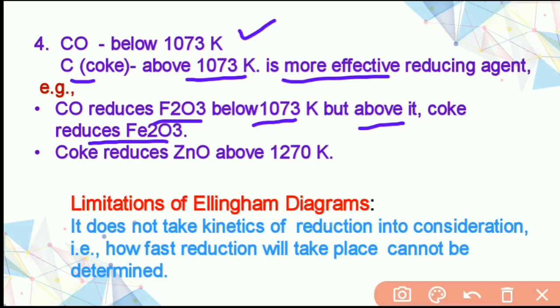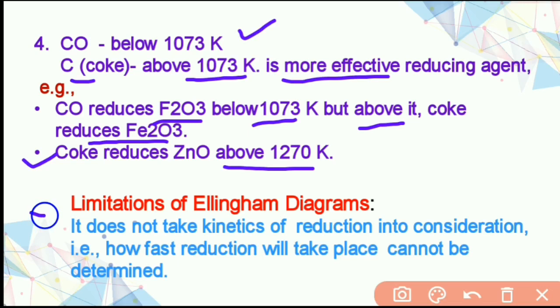So for obtaining wrought iron at high temperature, it is reduced by carbon as a reducing agent, and we obtain pure iron. And coke reduces zinc oxide above 1270 Kelvin temperature. So carbon is the best reducing agent at higher temperature, and carbon monoxide is the best reducing agent below 1073 Kelvin temperature.